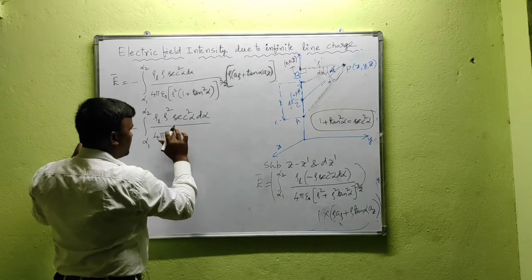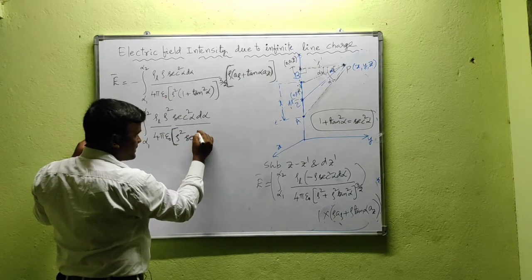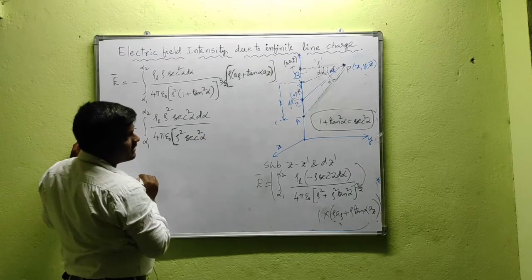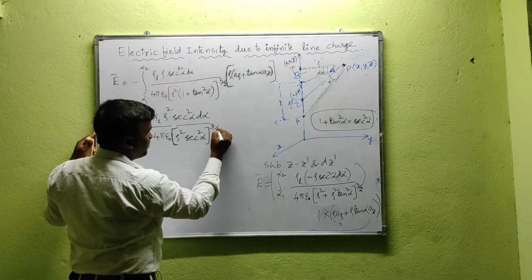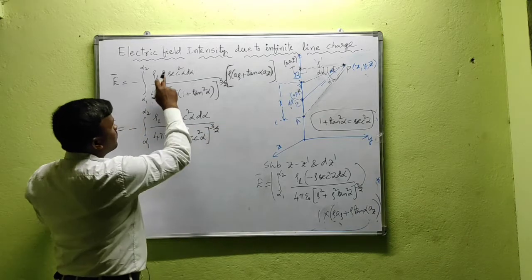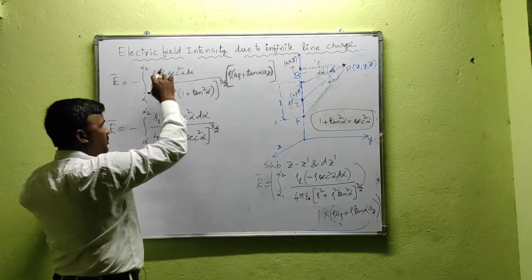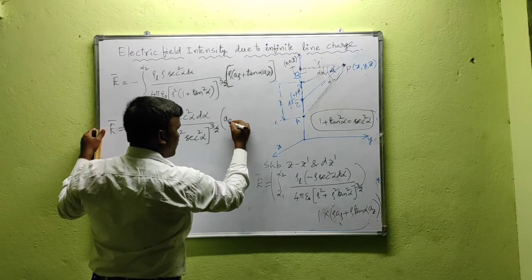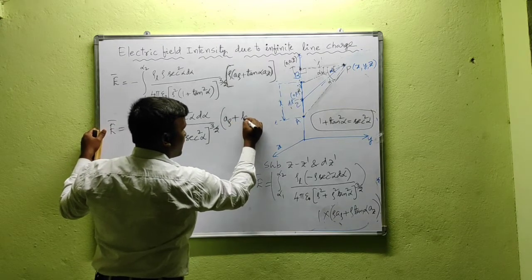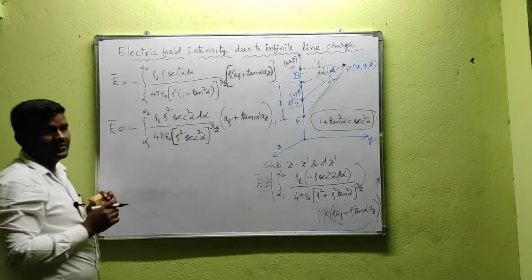Already here we have rho square. 1 plus tan square alpha can be written as secant square alpha whole power 3 by 2. Here rho into rho means we have taken this rho here, that means rho into rho square. Remaining part is nothing but a rho plus tan alpha into az. Clear?